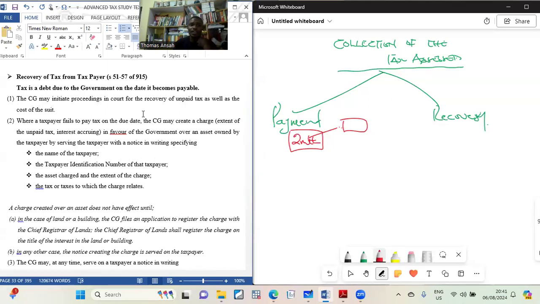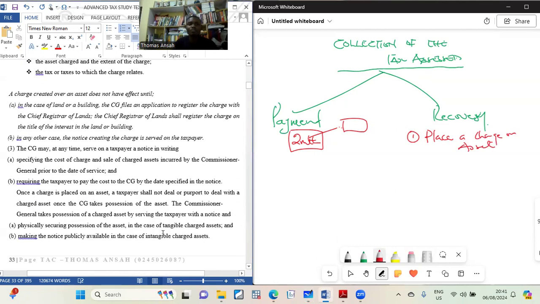Now, the things that he can do: number one, to place a charge on your assets. Please be mindful of these things. A landed property, he can place a charge on your landed property.